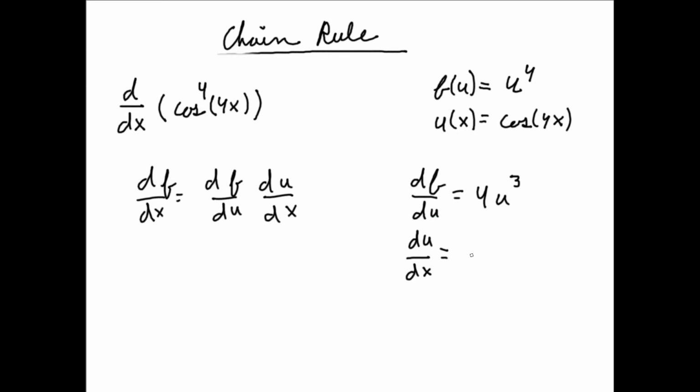Let's begin by taking the derivative of our outside function, which is going to give us negative sine of 4x, and then we take the derivative of the inside function. The derivative of 4x is just going to give us 4.